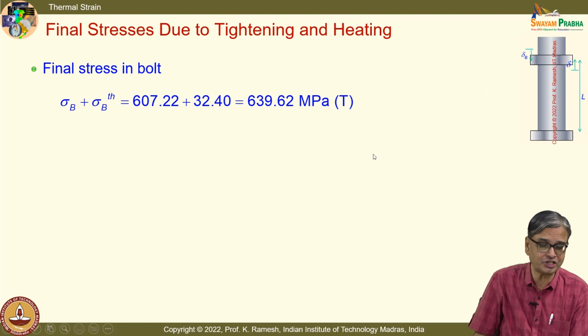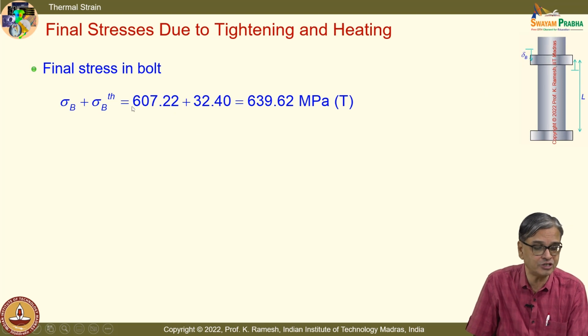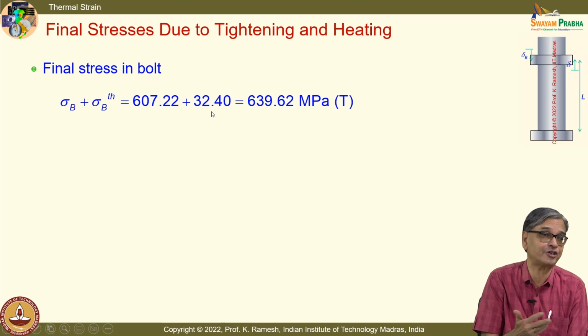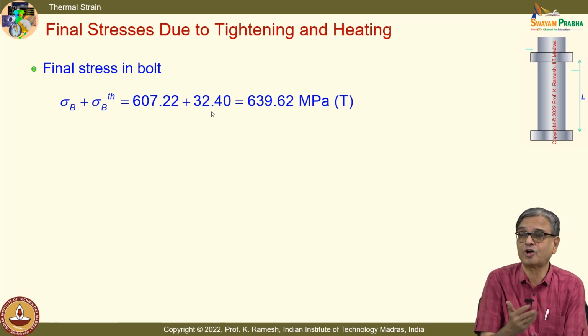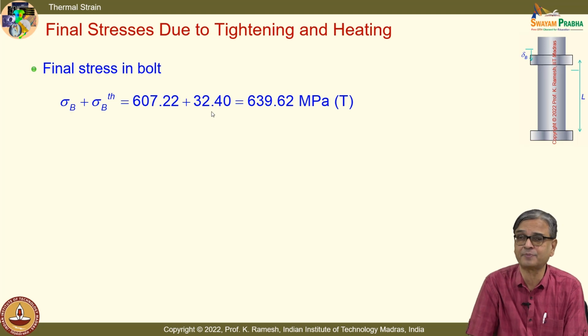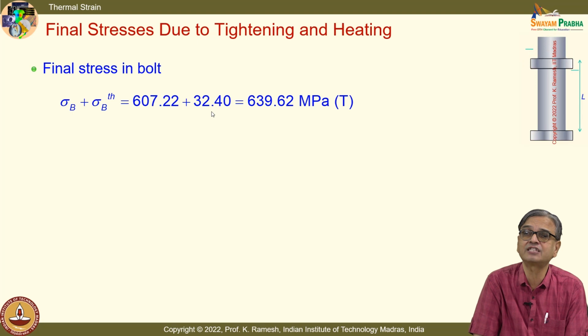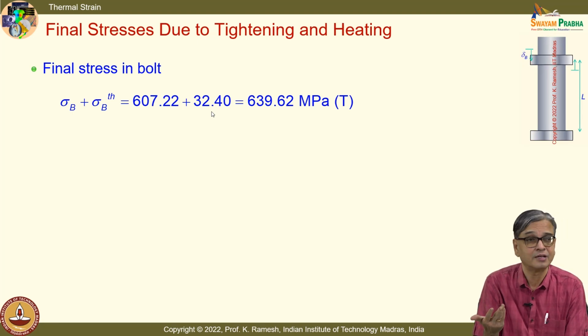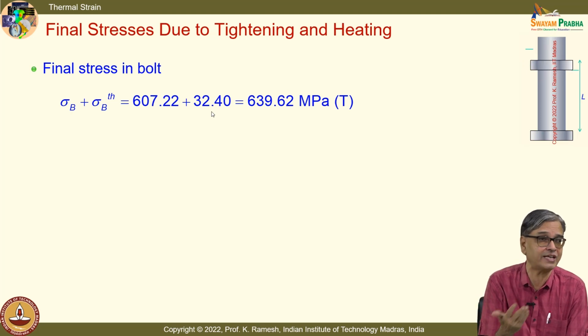Because of the temperature change, this is the original stresses which we have calculated because of tightening. Due to temperature change, additional stresses are introduced. See, suppose you are operating a system in a situation where you have not accommodated the temperature change and you have taken a very small factor of safety, you may eventually end up in a failure, and unless you accommodate the temperature change or increase the factor of safety, either of the two you have to do.